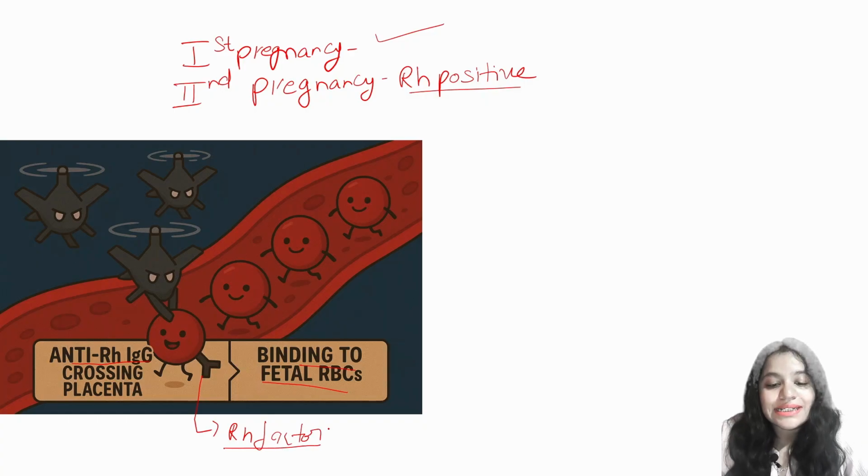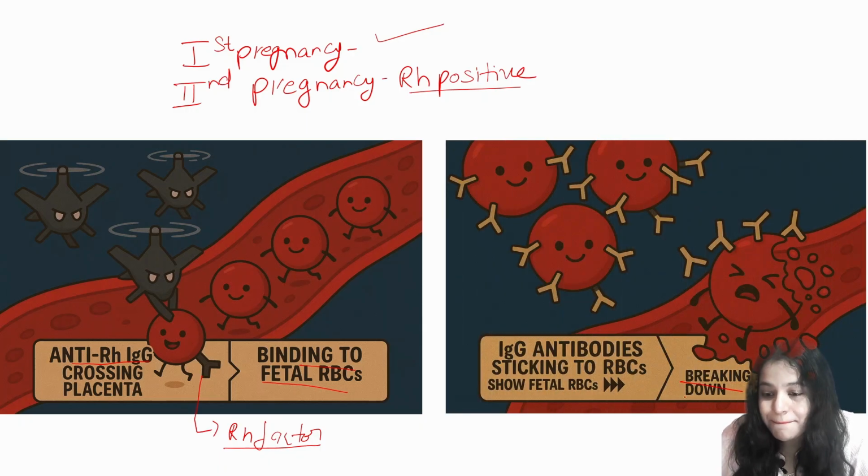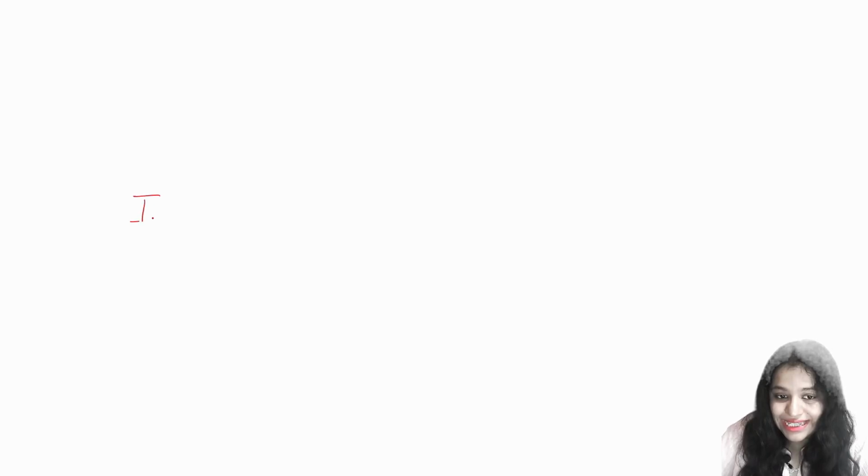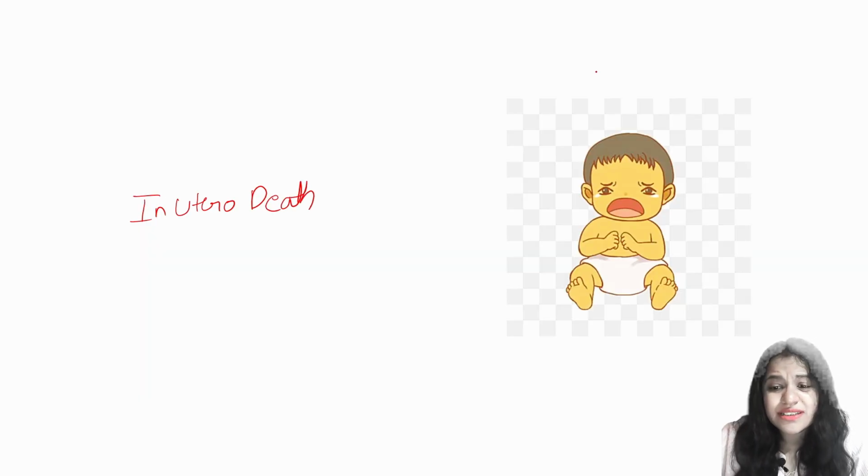Okay. So what will be the result of this binding? The binding leads to breaking down of the fetal RBC, that is hemolysis. Okay. Now, what will happen because of the result of all this? There can be in utero death. Okay. Or if the baby is born, the baby will be suffering from severe jaundice and severe anemia.